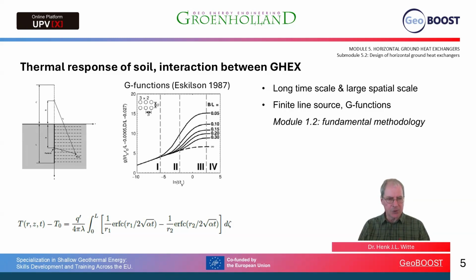So near the surface, we have a large cancelling effect, and going deeper, the cancelling effect becomes smaller. In this way, we can model a ground heat exchanger with a boundary condition of no temperature change at the surface. The question then is if we can develop these finite line source equations and G functions for the different geometries that we need to consider for the shallow ground heat exchangers.